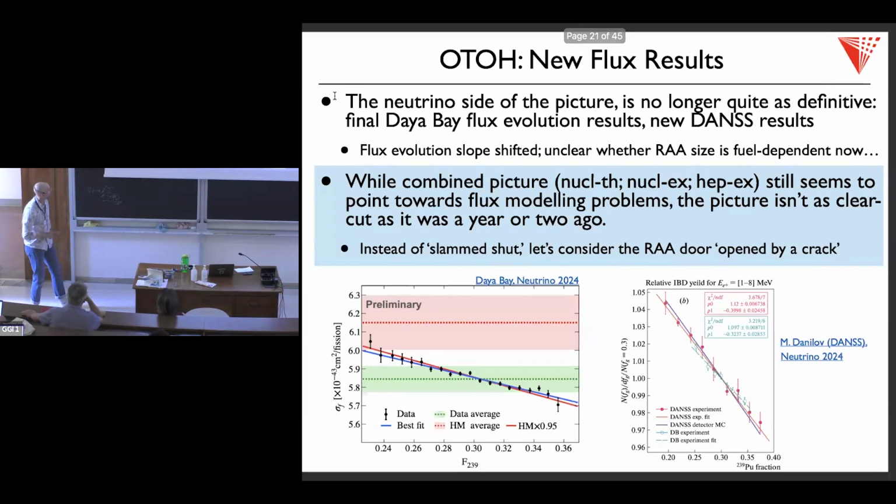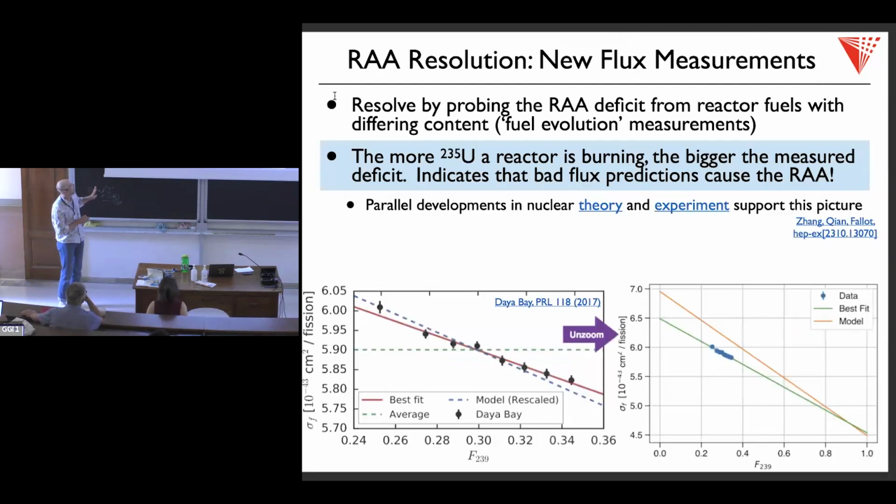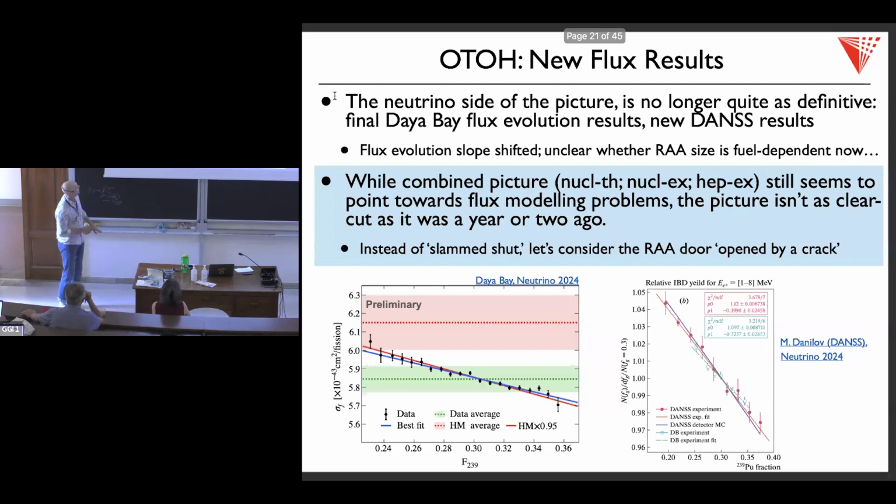Now, that's kind of changed. The theory and experiment communities all still support that this flux prediction issue is true. However, neutrino data doesn't really indicate that.